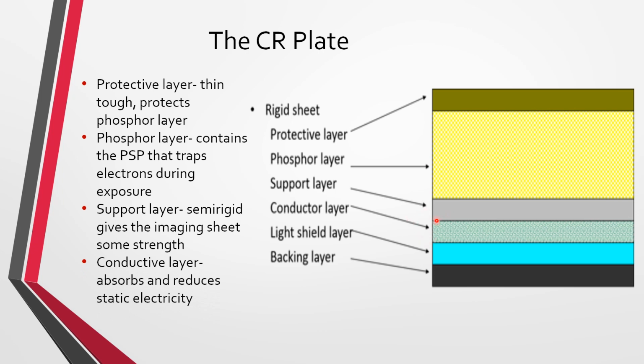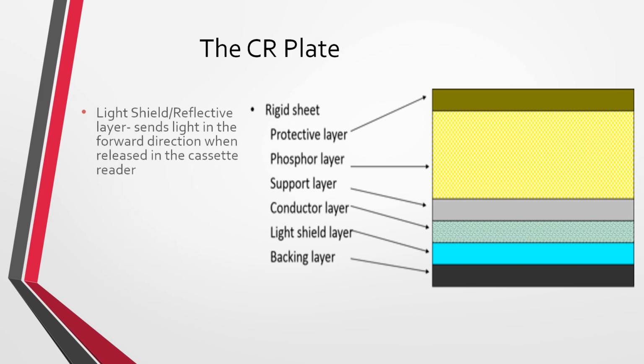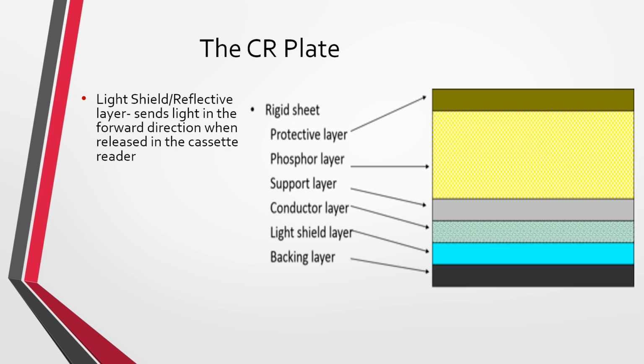Then the conductive layer absorbs and reduces static electricity. Next, the light shield reflective layer sends light in the forward direction when it's released in the cassette reader, and we'll get into how that's done.